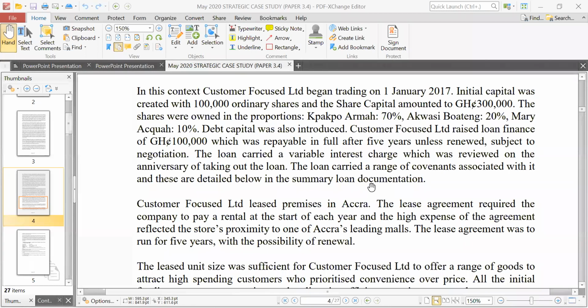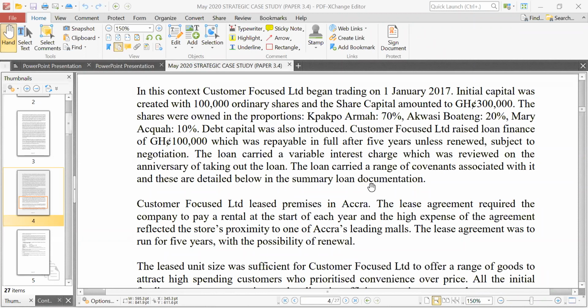Customer Focus Limited raised loan finance of 100,000, which was repayable in full after 5 years, unless renewed, subject to negotiation. The loan carried a variable interest charge, which was reviewed on the anniversary of taking out the loan. The loan carried a range of covenants associated with it, and these are detailed below in the summary loan documentation.